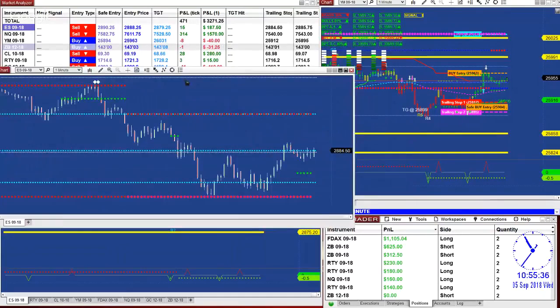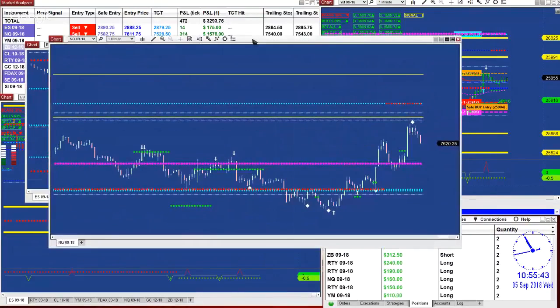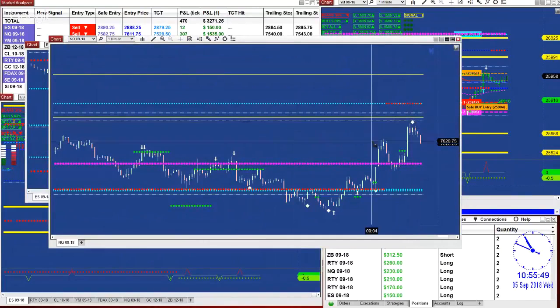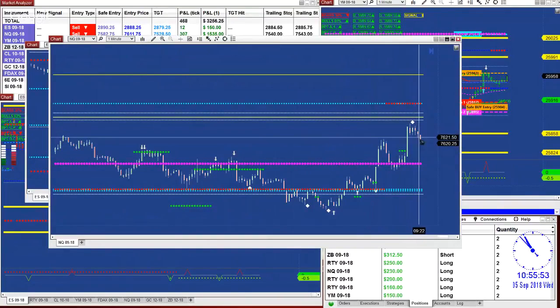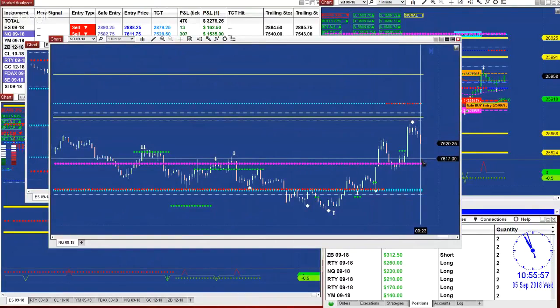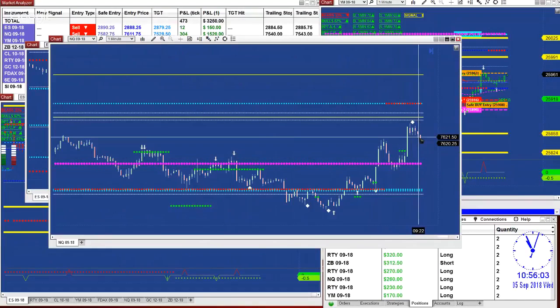As an example, the ES. The Nasdaq is beautiful. The Nasdaq did exactly what we were expecting: pullback, re-entry, reversal, and the destination on that Nasdaq still is right here at 1650.